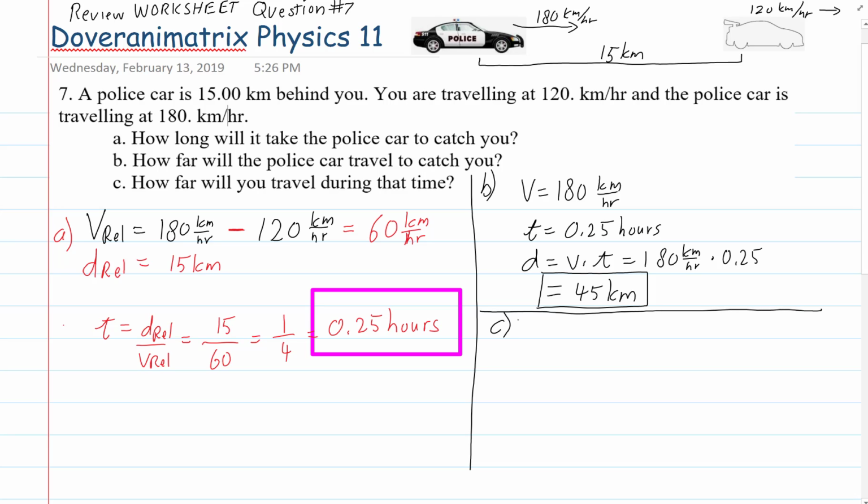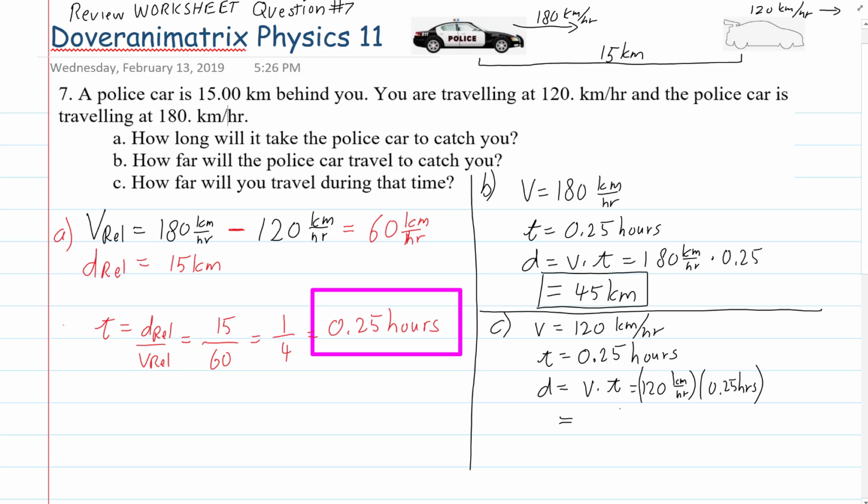C is how far did you travel, or the speeder. The velocity of the speeder is 120 kilometers an hour. The time that you both drove until he caught up was 1/4 of an hour, 0.25 hours. So the distance is velocity times time, which is 120 kilometers per hour times 0.25 hours.